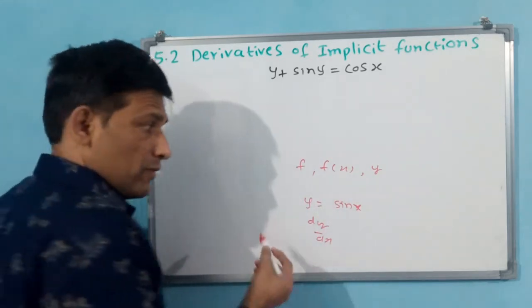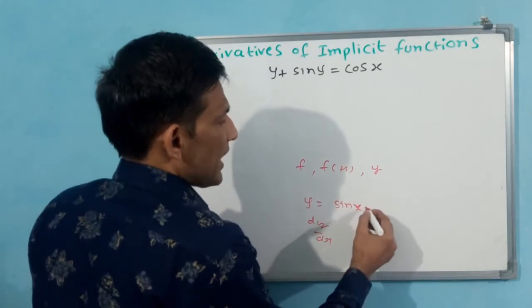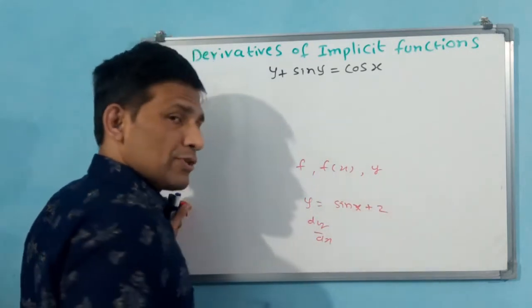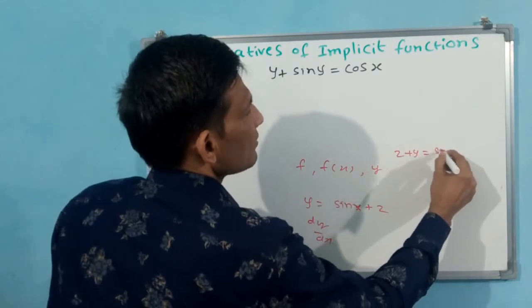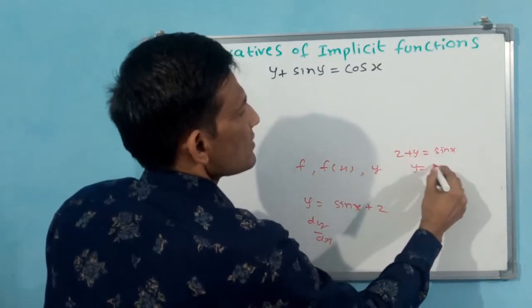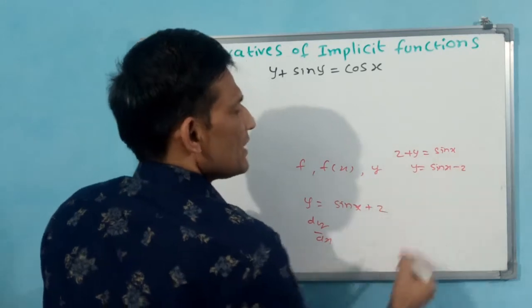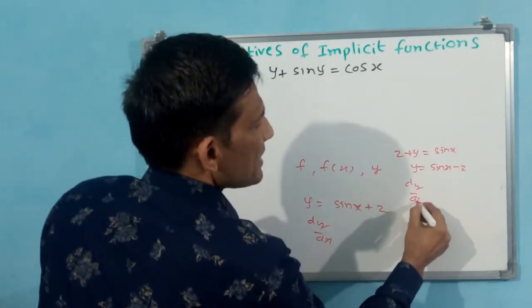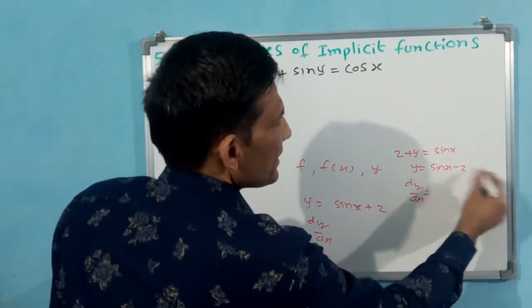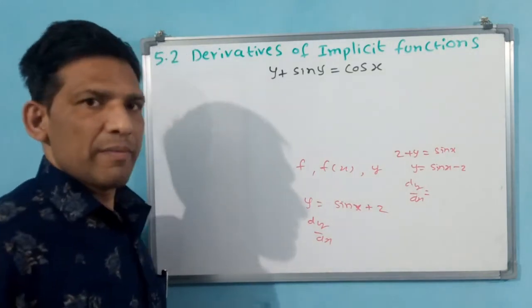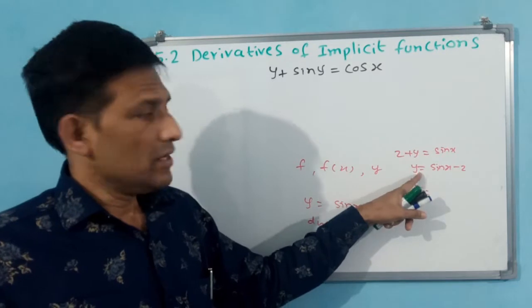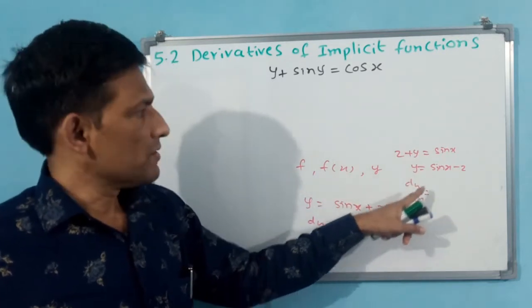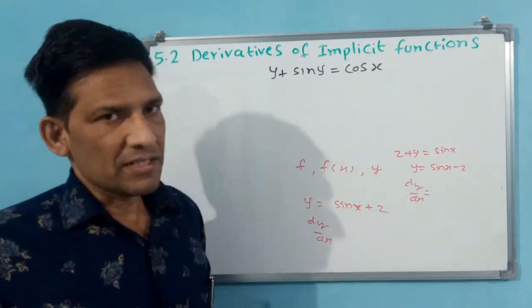Even if you see y is equal to sin x plus 2, you can do easily. Or else 2 plus y is equal to sin x, then y is equal to sin x minus 2. That means you are going to do dy by dx on one side, and on the other side completely x. The function y is on one side, x or constants on the other side.